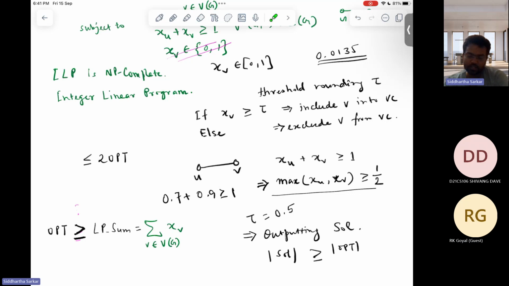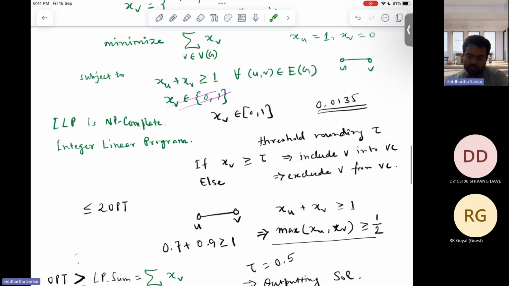For every edge, we have respected the constraint that xu plus xv is at least 1. That is respected because we have solved the linear program, and so we respected every constraint of the linear program.